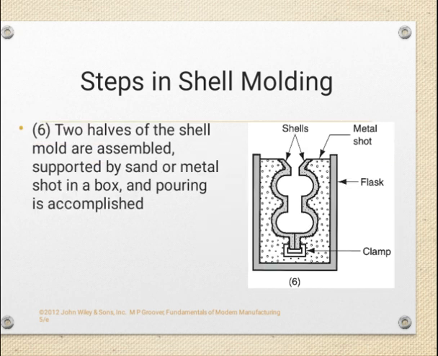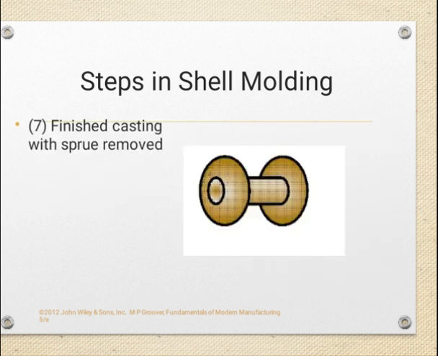Two halves of the shell mold are assembled, supported by sand or metal shot in a box, and the molten metal pouring is accomplished. The finished casting with sprue: after removal we get the finished product as a result.